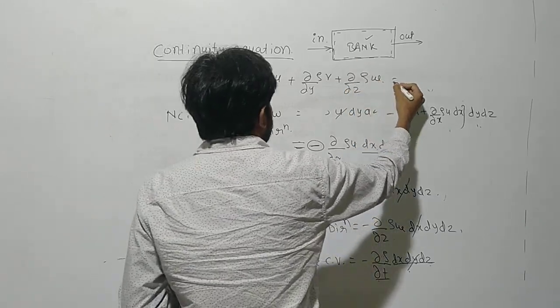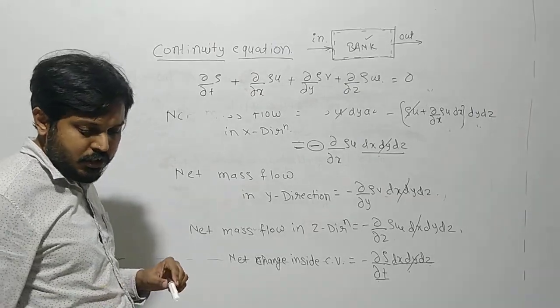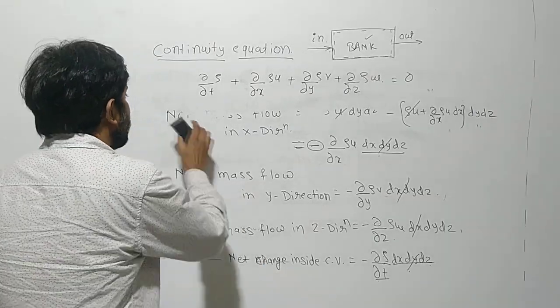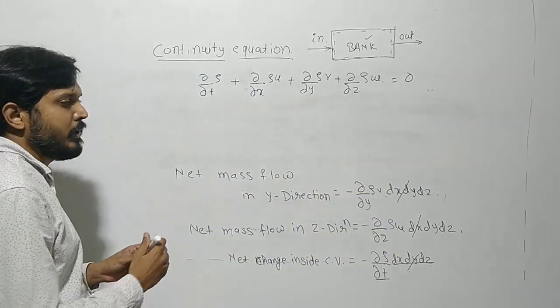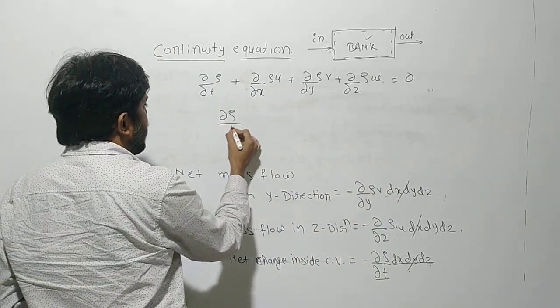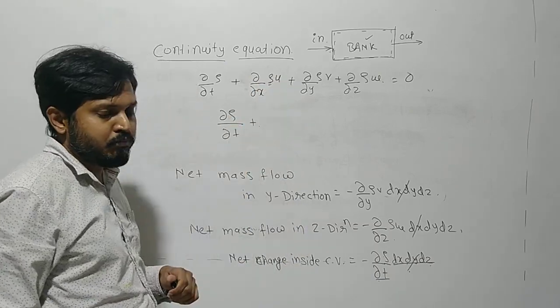This is equal to 0. This is nothing but the net change inside the control volume. Finally, del rho by del t plus rho.